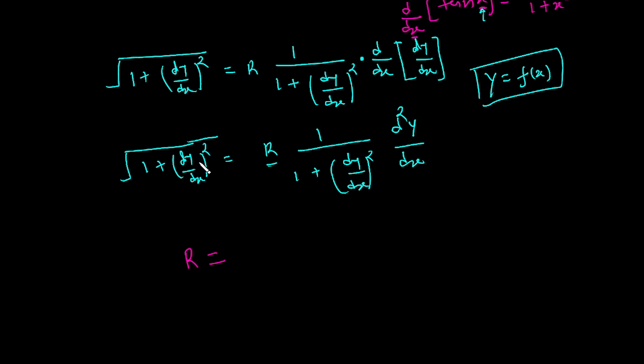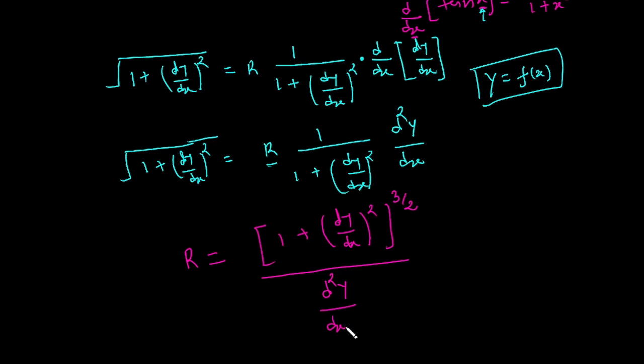If we multiply this term on the left hand side, we get 1 plus dy by dx whole square raised to 3 by 2, because we have power 1 half and multiply with power 1, so we get power 3 by 2. Now we divide this whole term by the second derivative, which is d square y by dx square. So that's it, we have found the formula for the radius at this point.